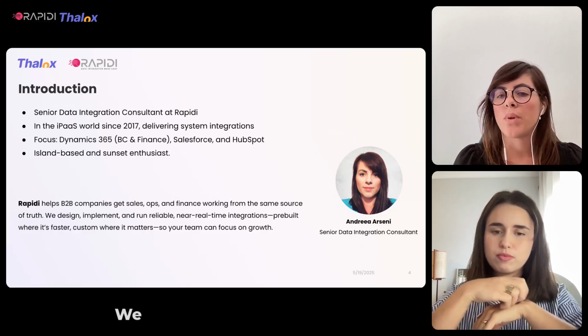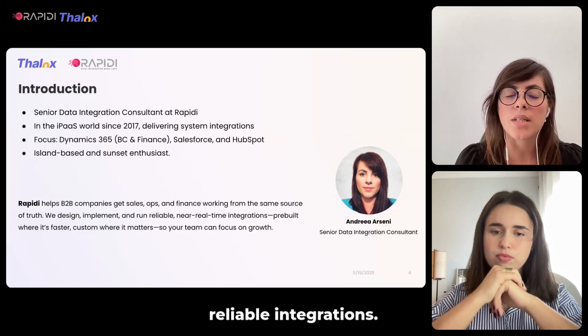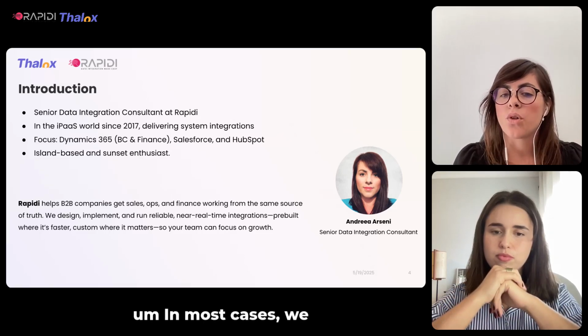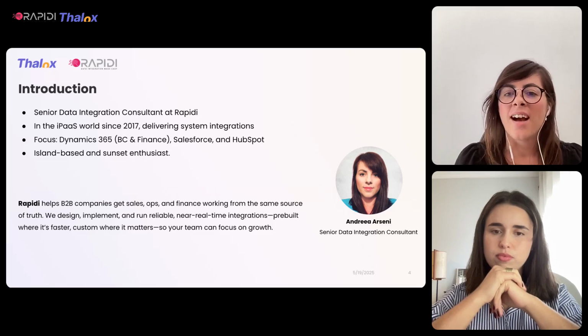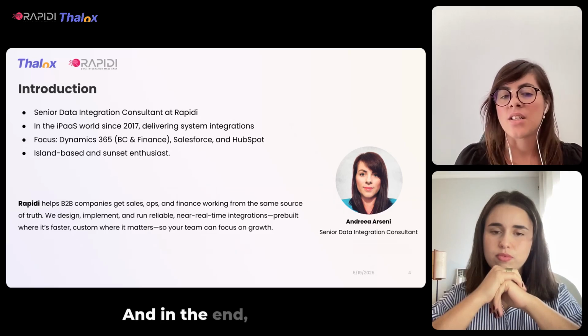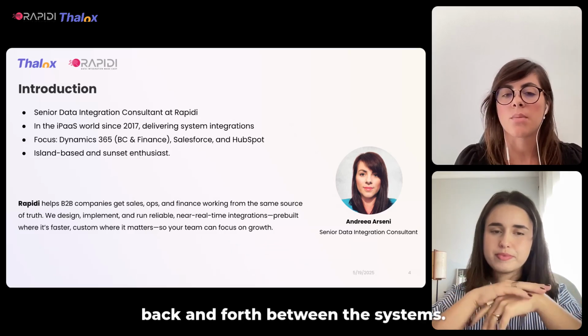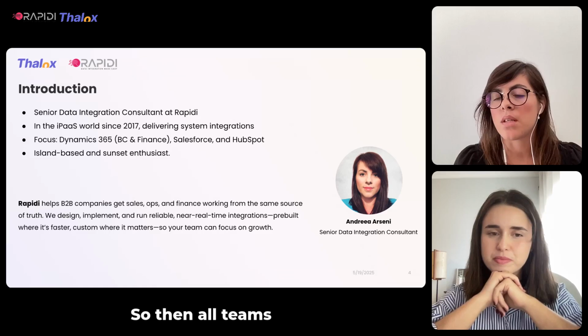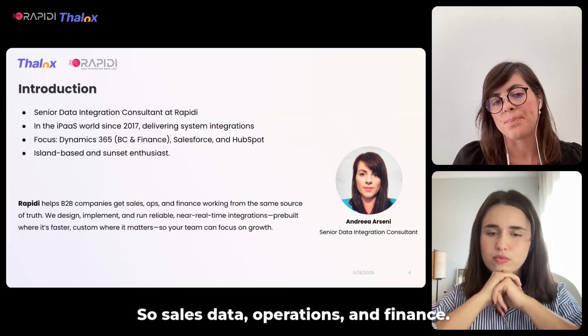So what we do, we design, we implement, and then we run reliable integrations. In most cases, we have pre-built integrations because we want to save your time. In the end, we sync data back and forth between the systems, so all teams get the data that they need: sales data, operations, and finance.